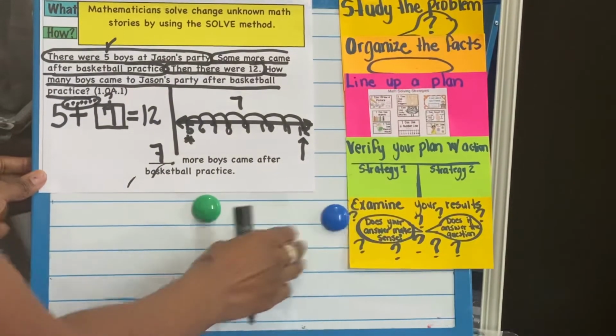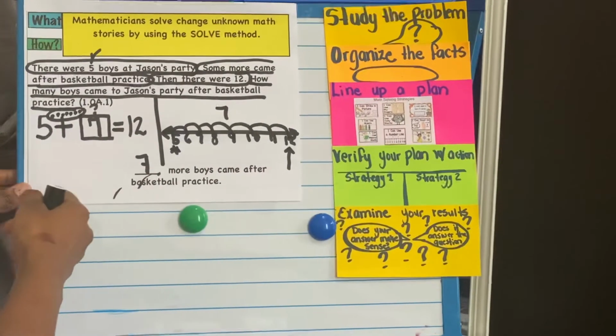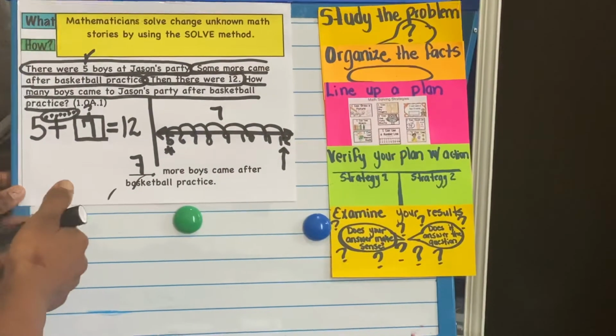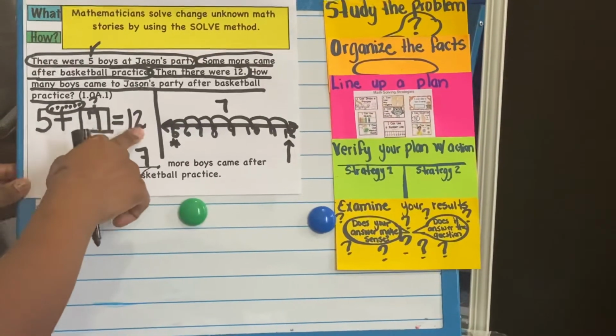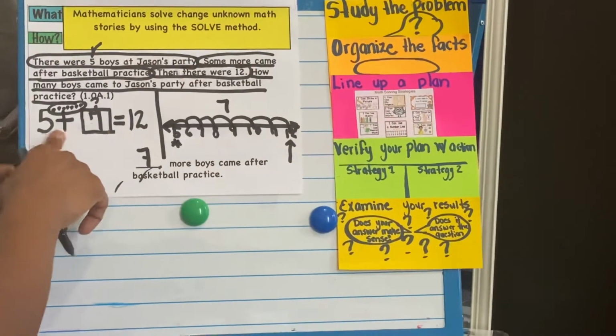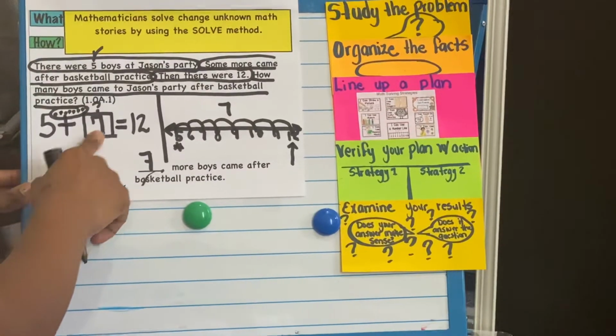I'm going to ask myself, does my answer make sense and does it answer the question? Let's see. 5 plus 7 equals 12. We're starting from 5. We added 7. We get 12.